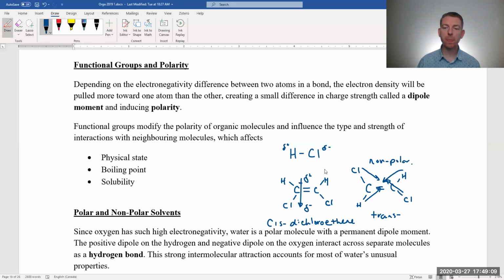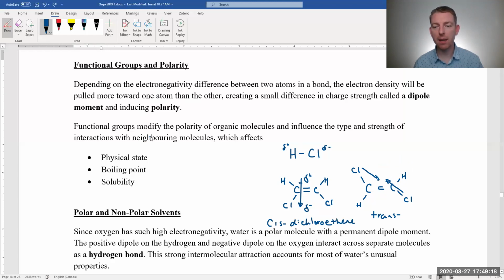Okay, so when we think about, say, something like the physical state or the boiling point, or how we would expect this to behave in different, let's get rid of those arrows. Here we go. Scenarios, okay? So with the trans isomer, there's no dipole moment. So really, these molecules aren't going to interact very strongly with each other.